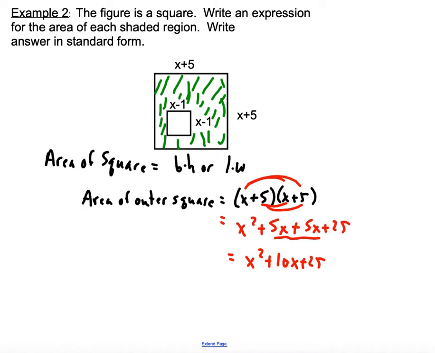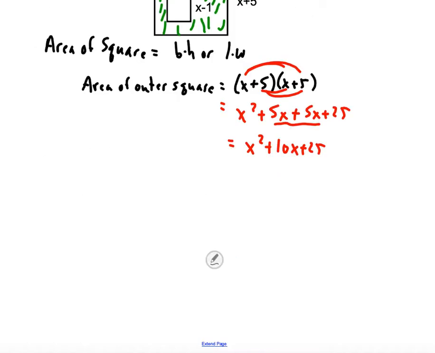Now we need to find the area of the inner square there, because the area of the shaded in region is the outer square there minus that inner square there. So let's find the area of the inner square. Since it's a square there, it's base times height or length times width, which is x minus 1 times x minus 1.